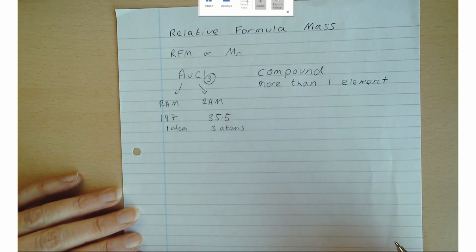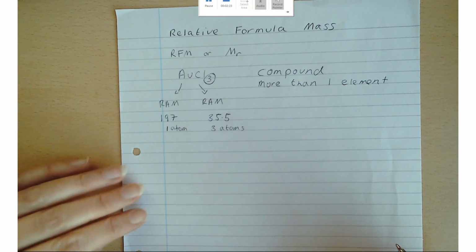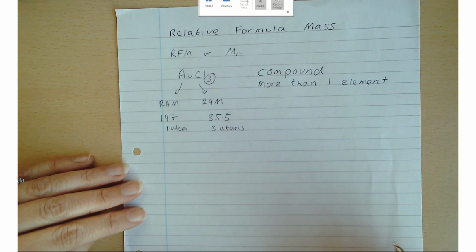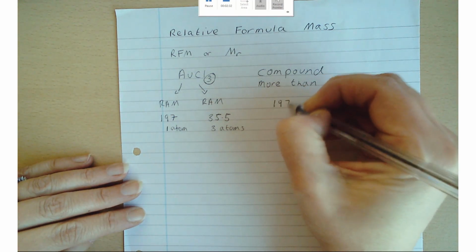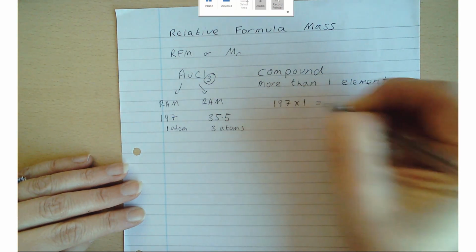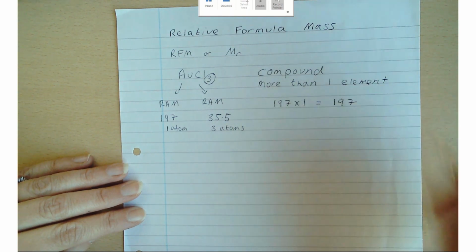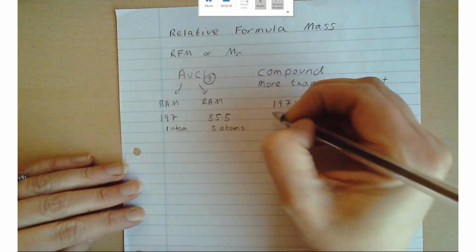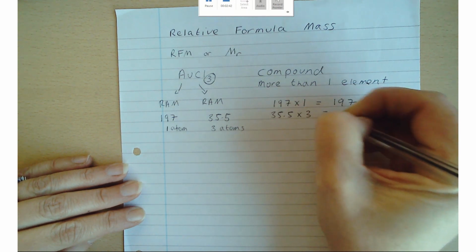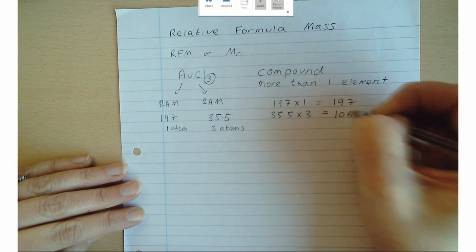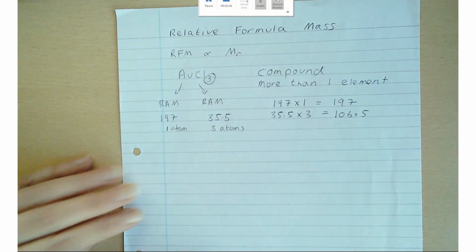Once I have worked out how many atoms there are, I'm going to times the number of atoms by the relative atomic mass. So 197 times 1 is equal to 197, and 35.5 times 3 is equal to 106.5.